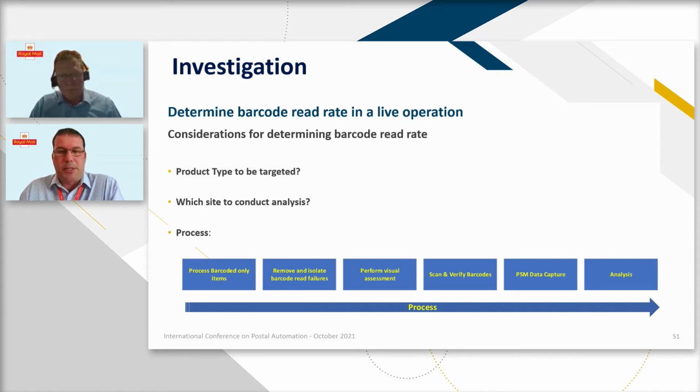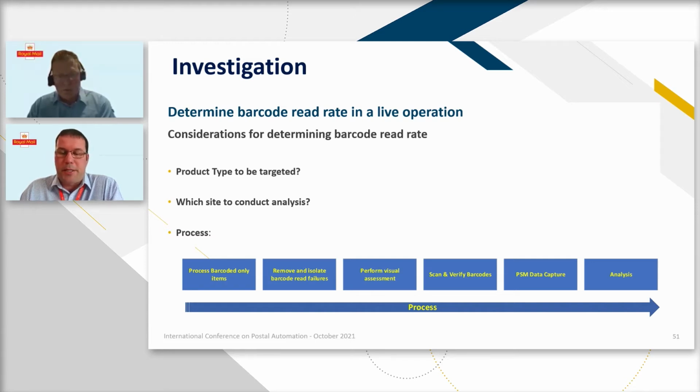We would then scan these with a hand scanner to extract the barcode payload of the item, and then pass these items across a verifier to grade them to ISO standards 15415 and 15416. At the end of our time slot, we would capture machine-generated data in the form of mail piece records and also images of the items that we could further appraise later.